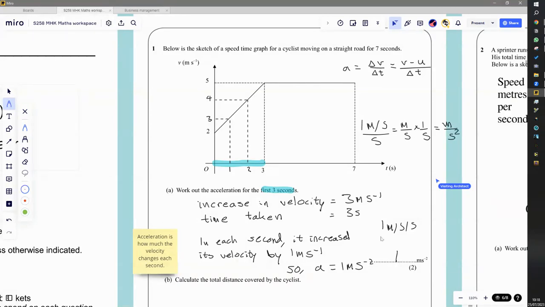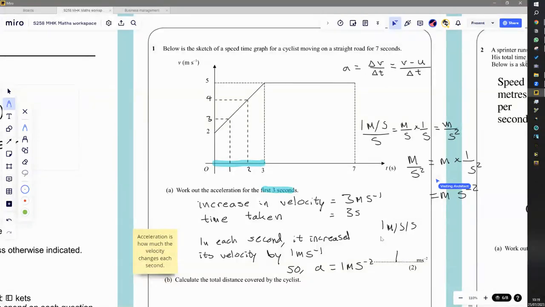And that's why the unit is m s to the minus 2. Let's just explain this minus 2. m over s squared is the same as m times 1 over s squared. Well, 1 over s squared is the same as s to the minus 2, so it's the same as m times s to the minus 2.